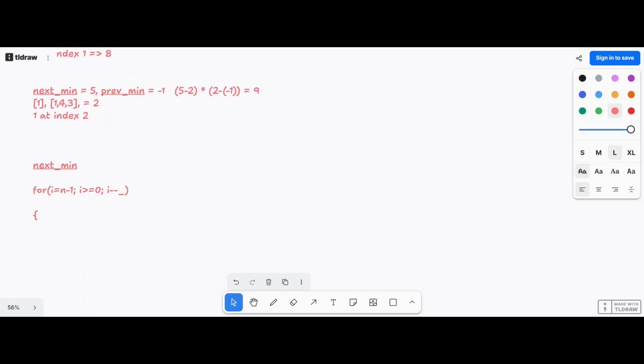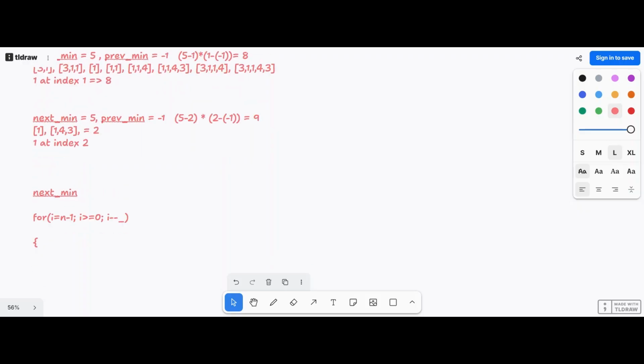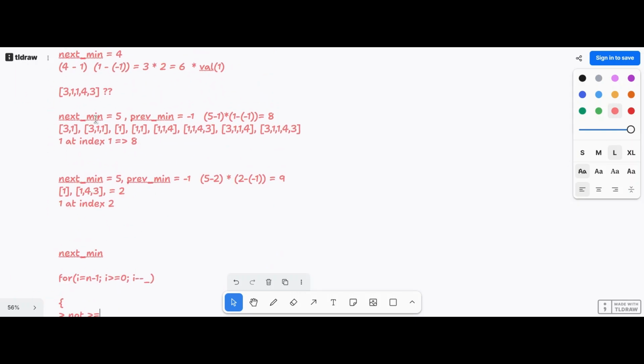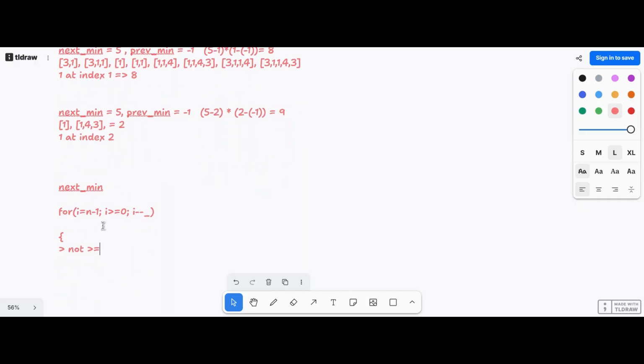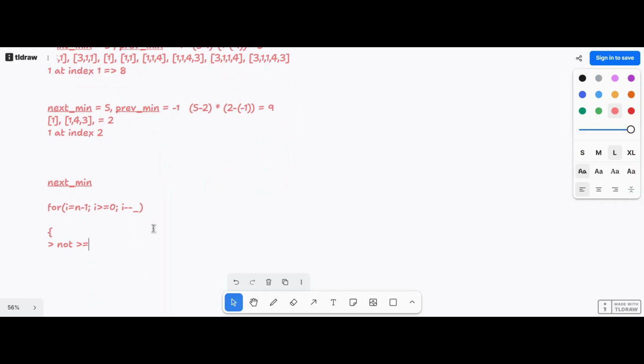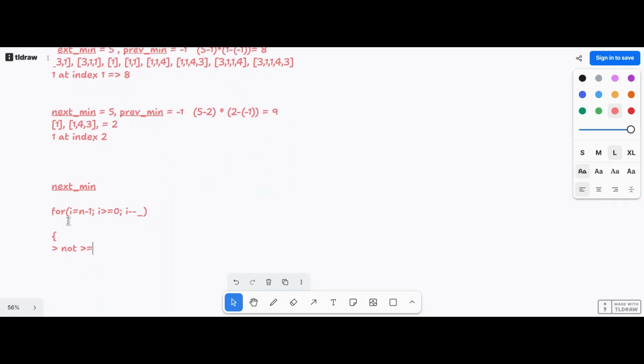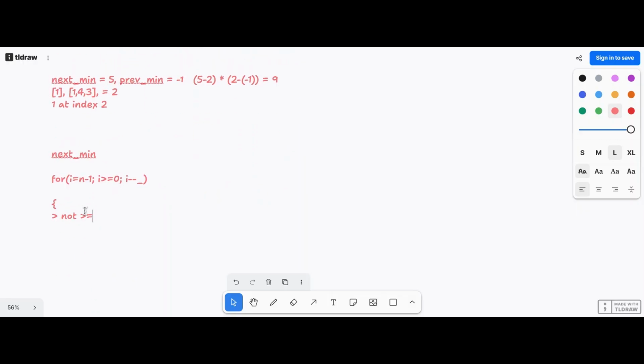Then we remove all elements greater than or equal to the current element, but now we will remove only greater elements, not greater than or equal. For previous, we do it in the forward direction. It's just that simple. For either next or previous, we will do only greater than. So let's say for the next, we do greater than only and not greater than or equal to.